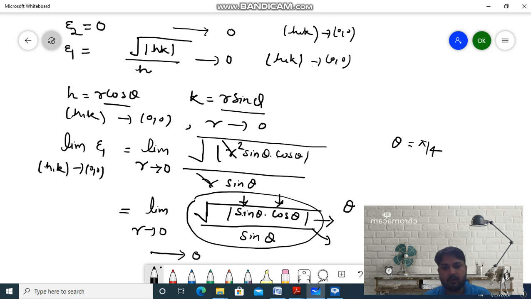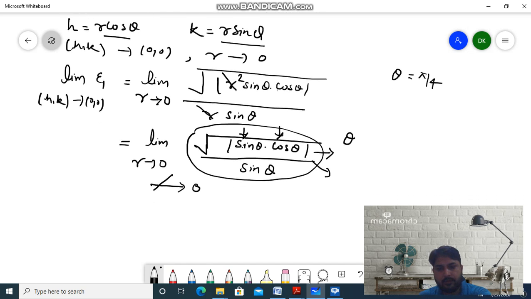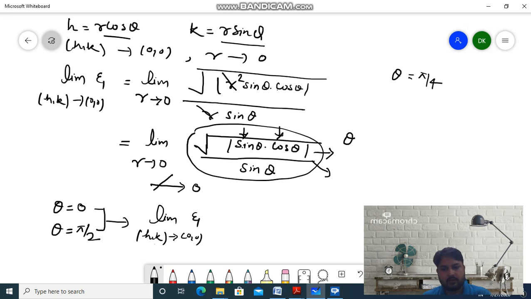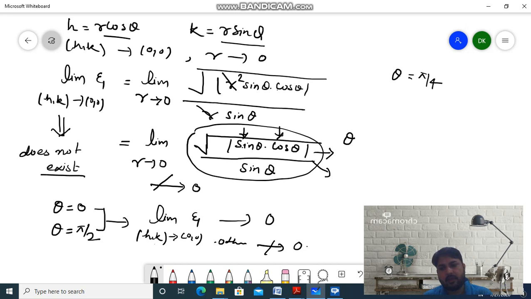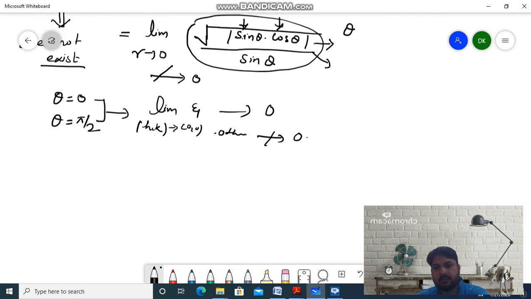And we know that sin theta and cos theta vanish only for theta equal to 0 and theta equal to pi by 2. Only for these two values of theta the limit of epsilon 1 tends to 0. Otherwise it does not tend to 0. So that means this limit does not exist, which implies that the function is not differentiable at origin.